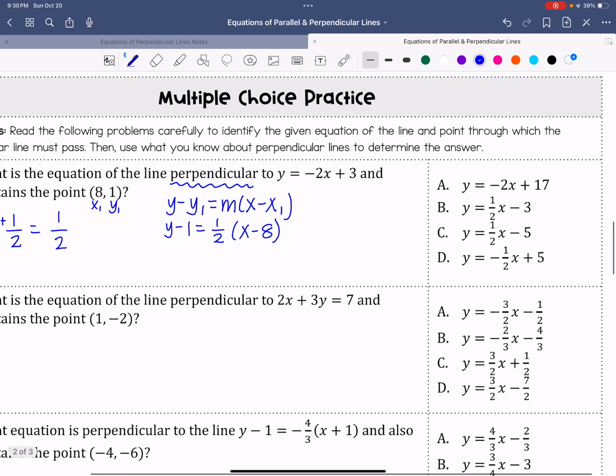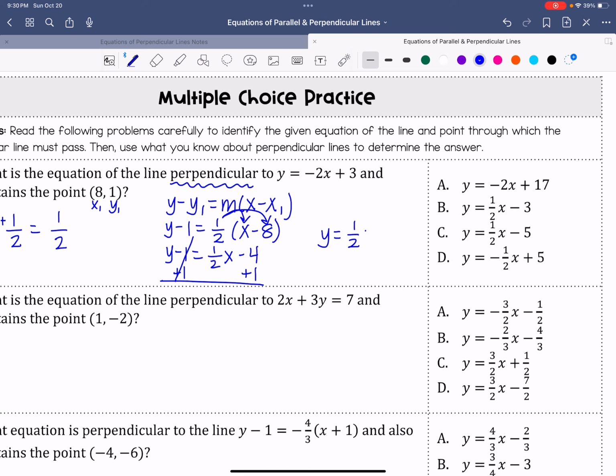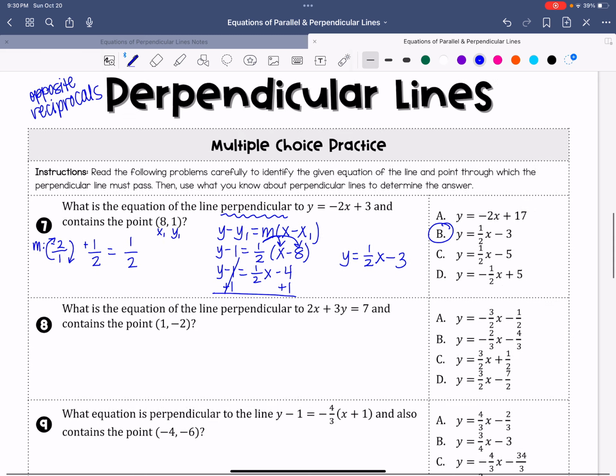So again, now our next goal is to distribute. So I'm dropping down y minus 1 equals 1/2 times x is 1/2 x. And 1/2 times negative 8 gives us negative 4. Next step, again, I'm isolating y, so I want to add 1 over to the other side, and I end up with y equals 1/2 x minus 3. So here my answer ends up being B.